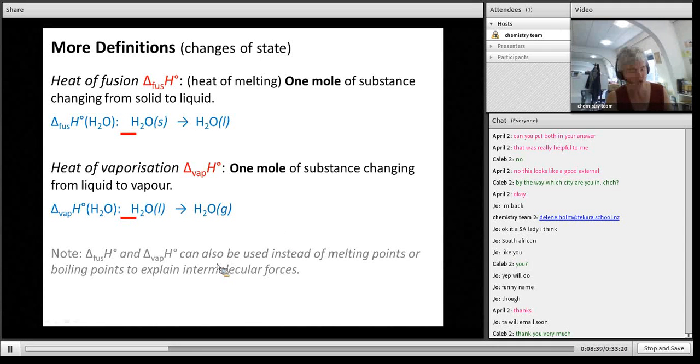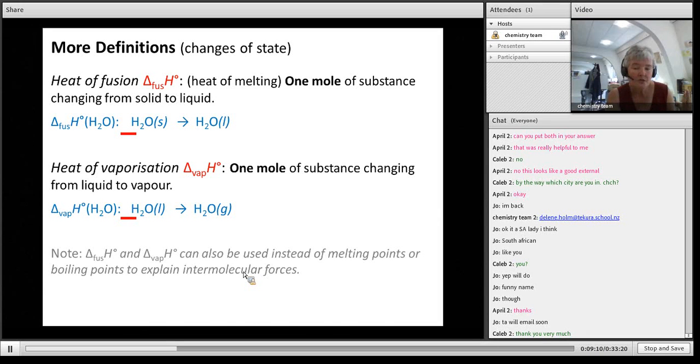Sublimation is when you go from solid to gas. Now, the final note I've put there is that your fusion and your vaporization enthalpies can be used to discuss intermolecular forces. So instead of saying the boiling point of methane is this and the boiling point of water is that, why is there this difference? And then you would go on about methane only having temporary dipole forces of attraction.